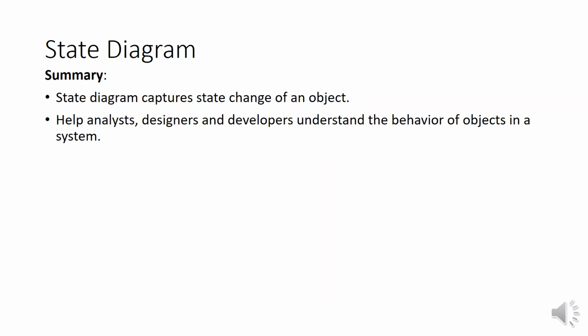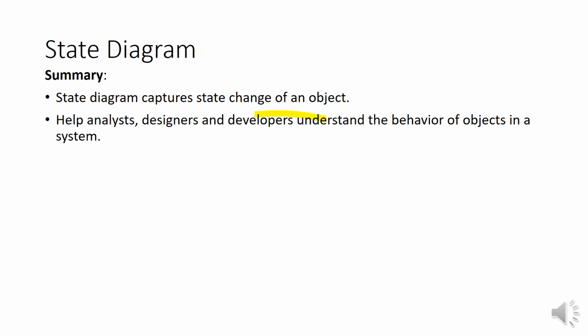So the summary of the lecture is: a state diagram captures state change of an object. You can use a state diagram to show object behavior throughout a set of use cases.